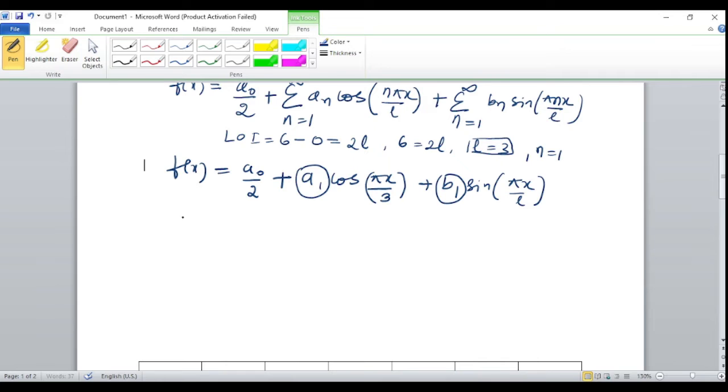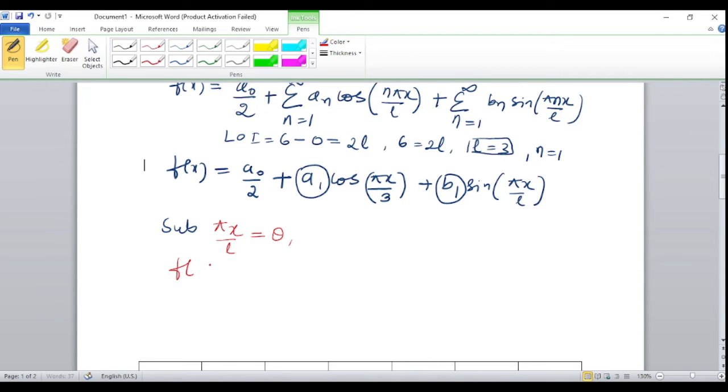So we need to find the constant term a0 by 2, this a1 value and b1 value. Before proceeding, we also substitute this pi x by L equal to some theta.